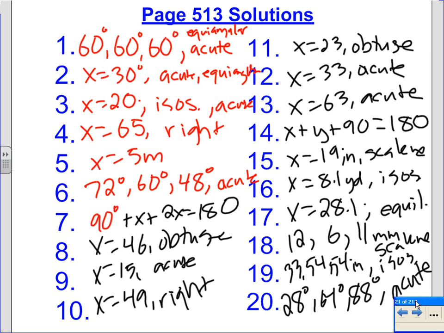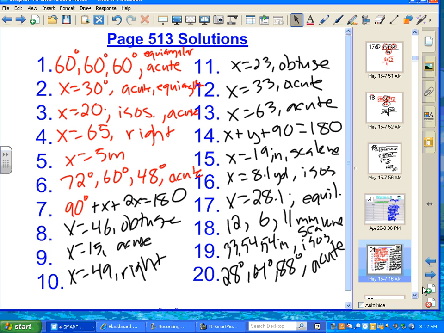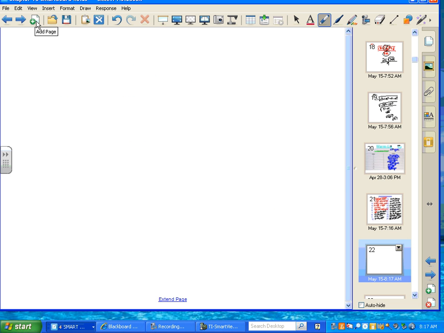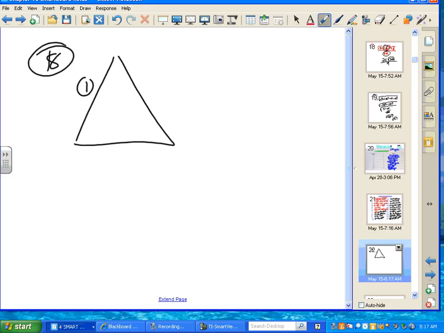All right, 18. I'm going to move this. Okay, 18 is the one that talks about the sides of a triangle. So I'm going to first label them. This is side 1, this is side 2, and this is side 3. Okay, so it tells us the length of the first side is twice the length of the second. So I'm going to make the second side x.